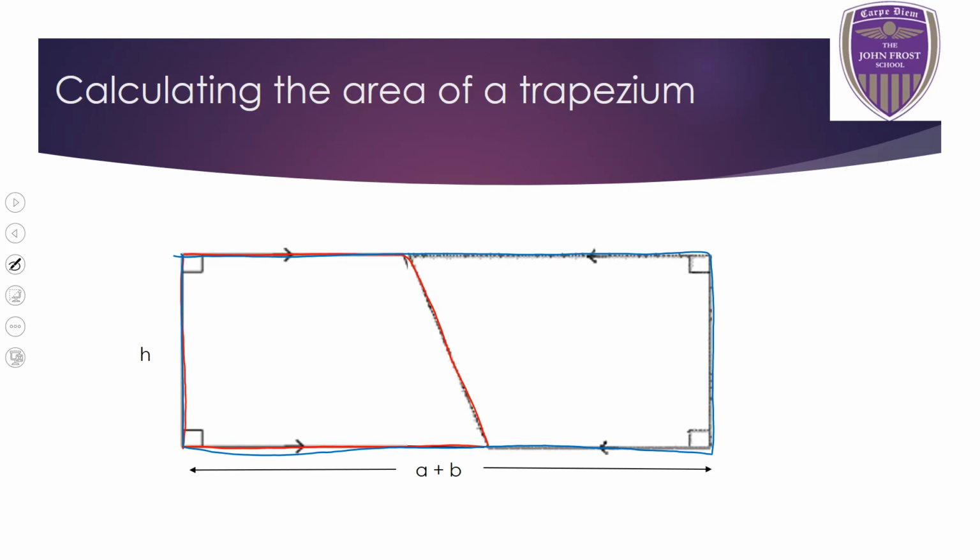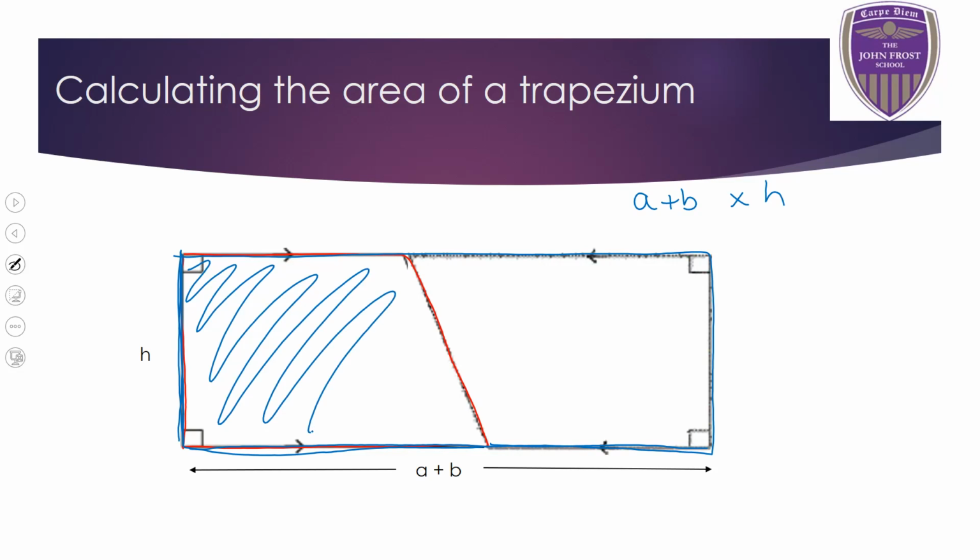So what I've done here is this distance here is still H, but this whole distance along the bottom is now A plus B, because remember A was at the top and B was at the bottom. So this whole distance here now is A plus B. If I wanted to work out the area of that whole rectangle, I would do A plus B, and then times by H. But I only want the original trapezium, so I only want the area of this shaded part.